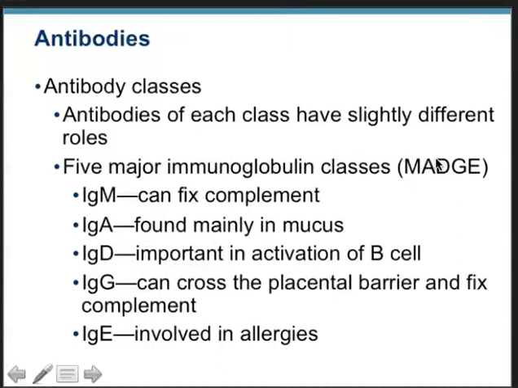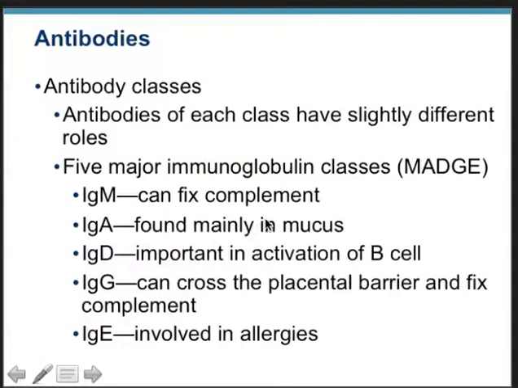And the difference in each of these different classes are in the constant regions of the antibody and how those constant regions are attached to each other. They still all bind antigen. It's just a matter of where they bind antigen that's different from antibody to antibody in terms of location in the body where they encounter the pathogen.